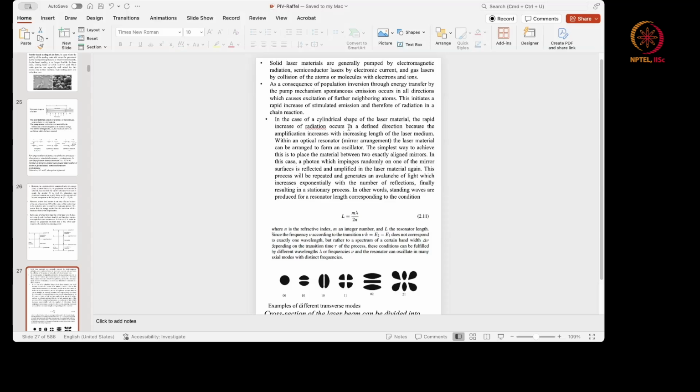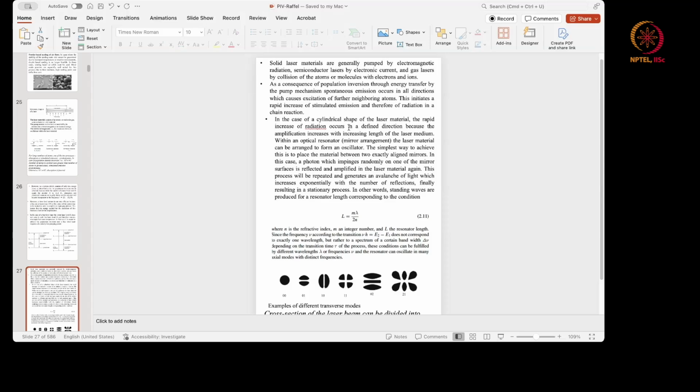The simplest way is to have two exactly aligned mirrors. A photon impinges on one of the mirrors, is reflected, and then is amplified in the laser material. This process is repeated so that more and more photons come out.